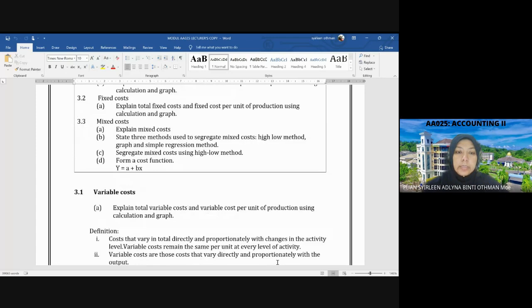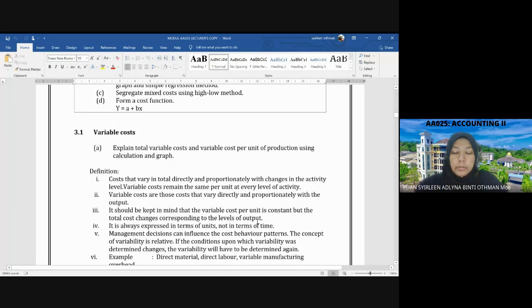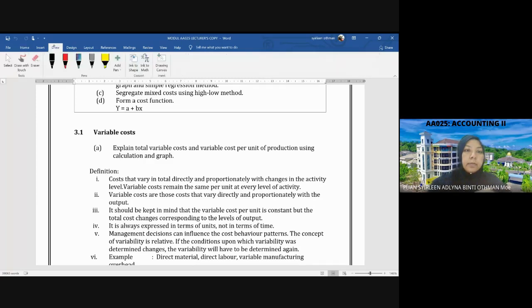Okay, kita tengok dulu dia punya definition. Kalau you tengok video part 1 tu, alright, variable that means dia berubah. Kalau kita kira dalam bentuk total, so bila sesuatu cost berubah tu dia adalah dalam bentuk total, dia ada nilai yang tak sama berbanding dengan variable cost per unit.